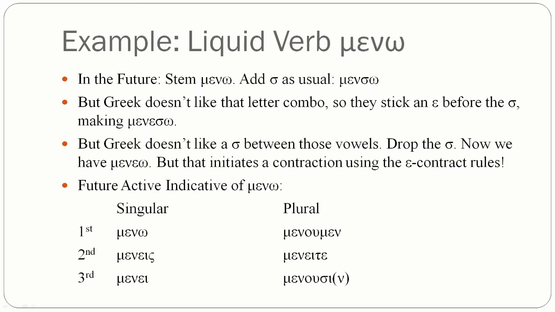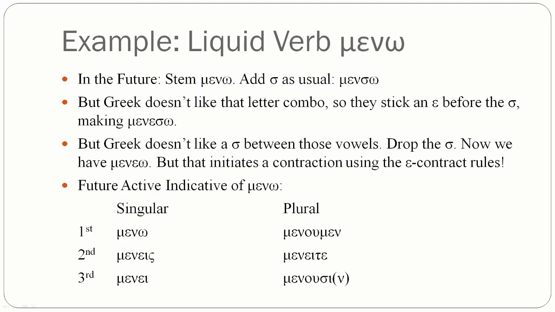Remember before I said you only have to worry about contraction in the present and imperfect. We need to add an exception to that now, when you are dealing with liquid verbs. Then you will not have a contraction in the present, but you will in the future tense. So again, liquid verbs: in the future, there is no sigma, but there is a contraction.